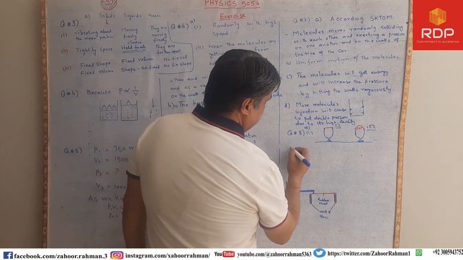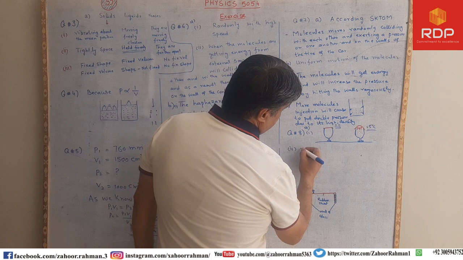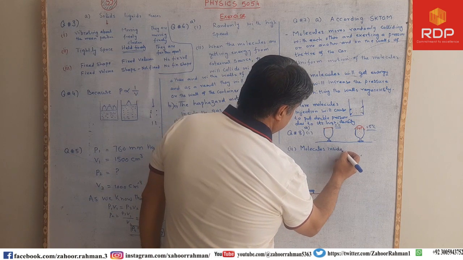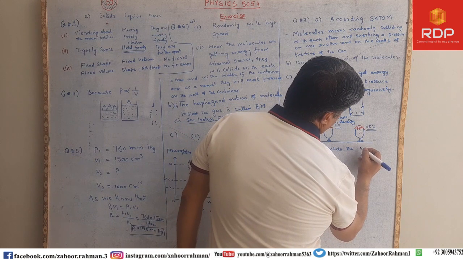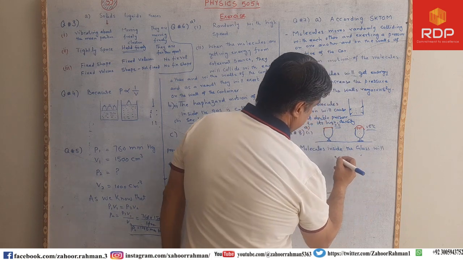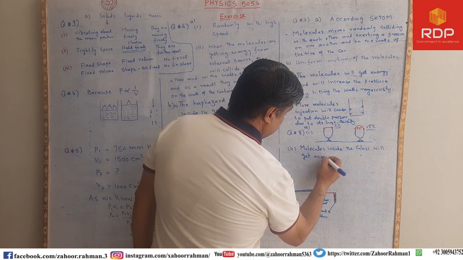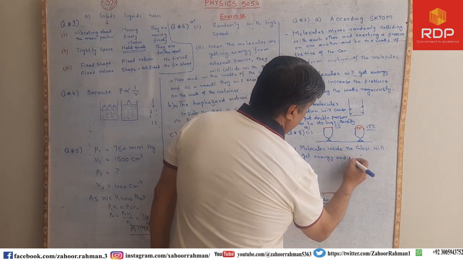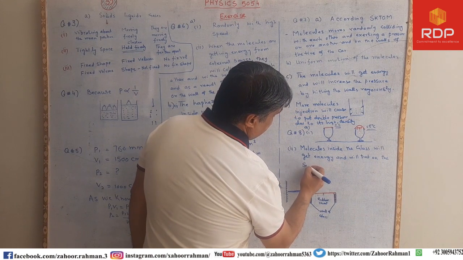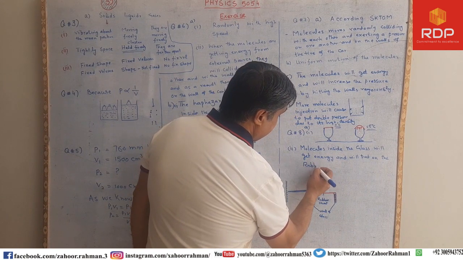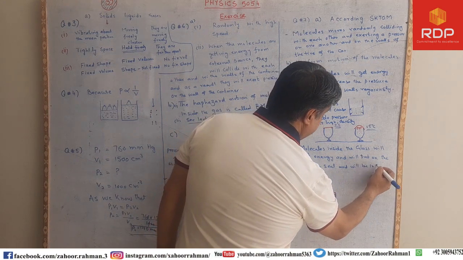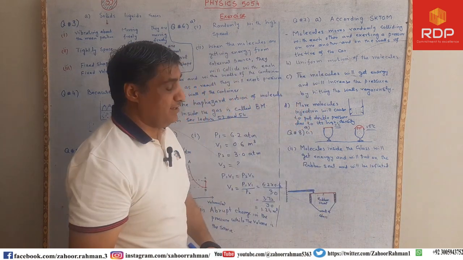I told you that molecules inside the glass will get energy and will put pressure on the rubber seal and it will be inflated, as you can see in the figure.